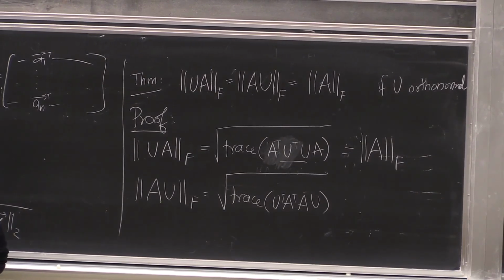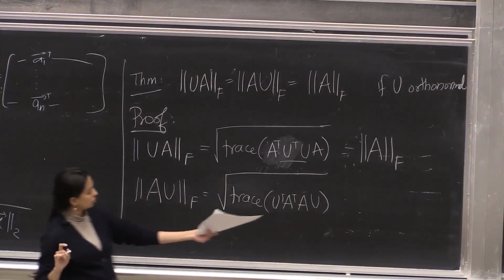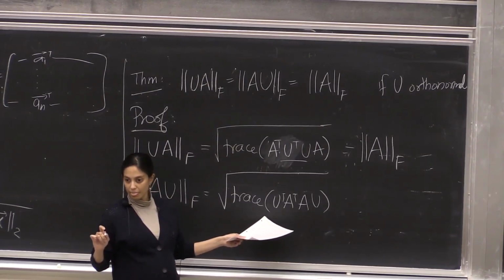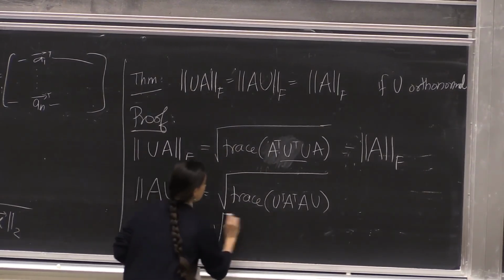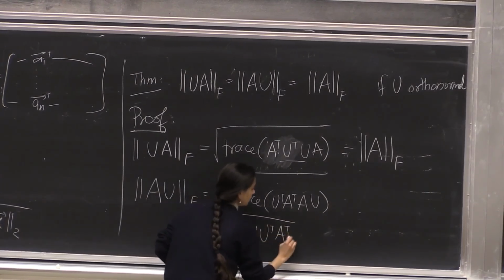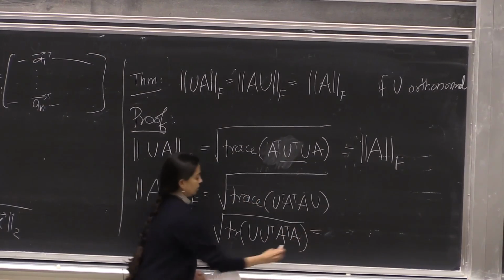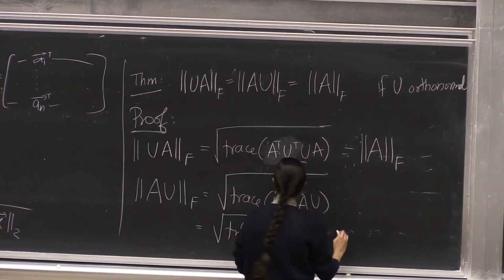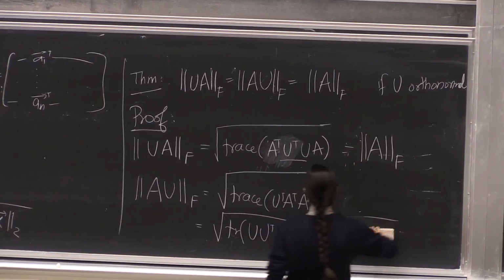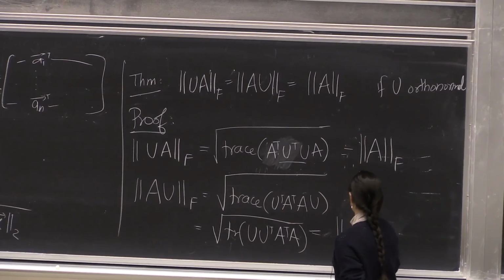Yes. What trace property do you want to use? The commute, right? So I'm going to pull this U over to the other side. So this is equal to the square root of the trace of U U transpose, A transpose A. And now this immediately gives you the identity. This is equal to the Frobenius norm of A.